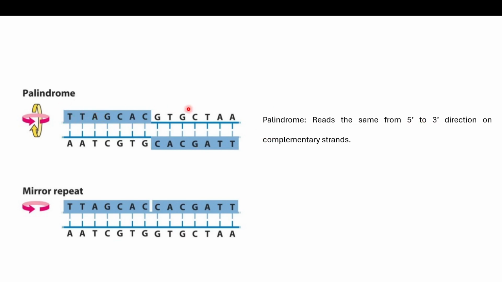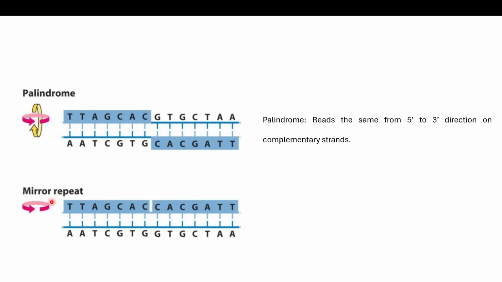This is 5 prime to 3 prime, reading as TTAGCAC. The same reading from the 5 prime end on the complementary strand is exactly the same. This is called a palindromic sequence or a palindrome.